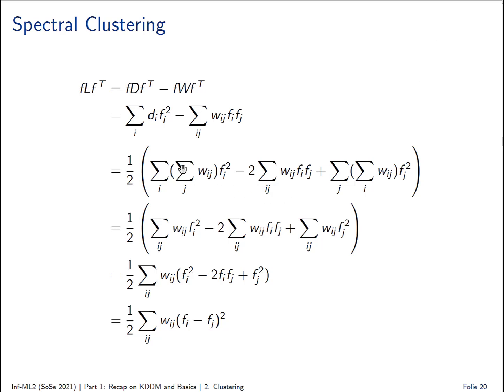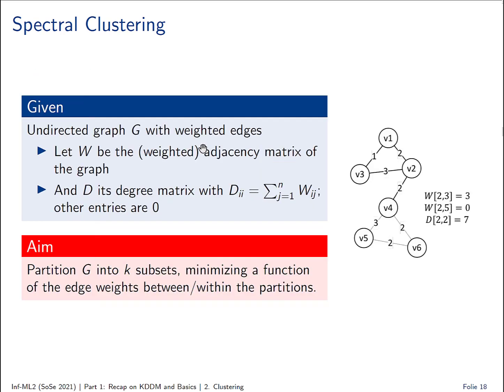And why is that a and that b here? Well, of course, if you remember, D is just the sum of the weights. So where is D? Here is D. D is the sum of the weights from the corresponding node.